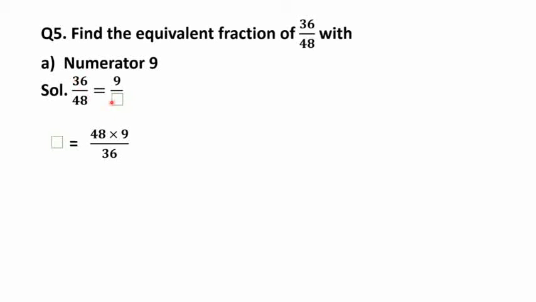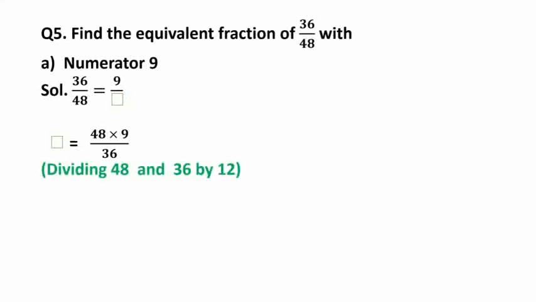When the denominator goes to the left hand side, it becomes the numerator, and this numerator we will bring to the denominator here. And this 48 is multiplied by 9. So we get here 48 into 9 divided by 36. Then our value of the box will come.